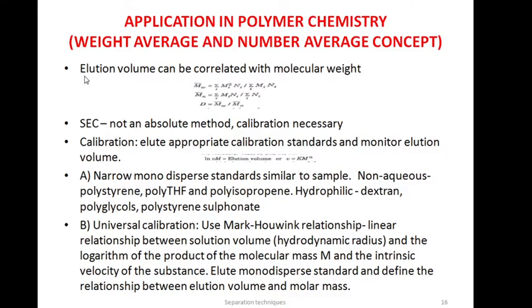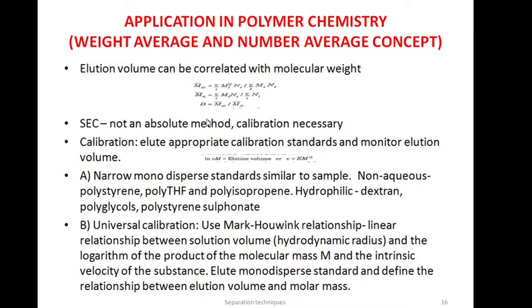See here, elution volume can be correlated with molecular weight. We have weight average molecular weight, Mw bar, which is equal to sigma Mi square Ni divided by sigma Mi Ni. Or we have number average molecular weight, Mn bar, which is equal to sigma Mi Ni divided by summation of Ni.